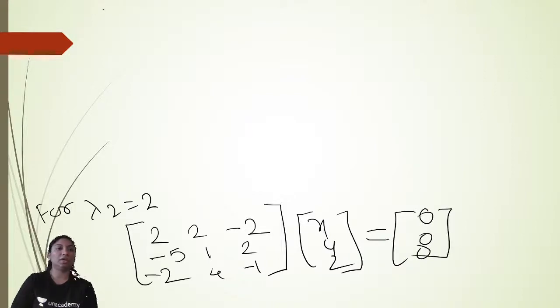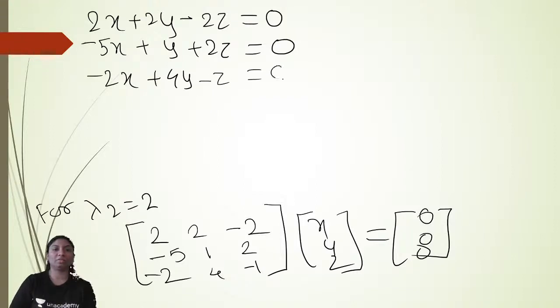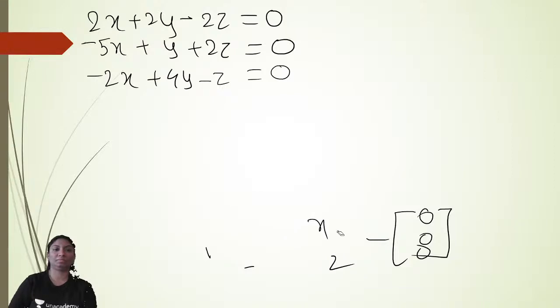So 2x plus 2y minus 2z is equal to 0, minus 5x plus y plus 2z is equal to 0, minus 2x plus 4y minus z is equal to 0. Once you have this, we can calculate by using Cramer's rule.